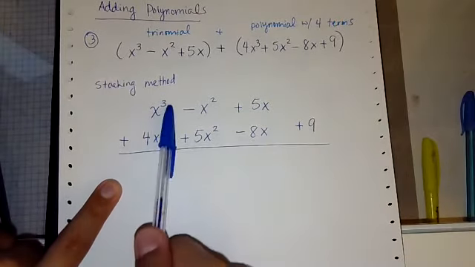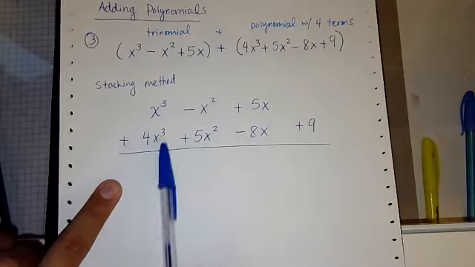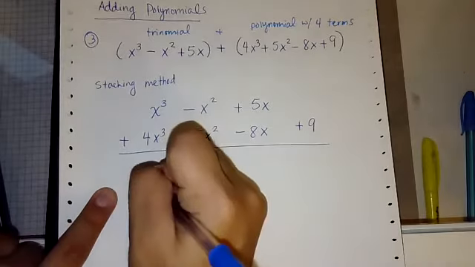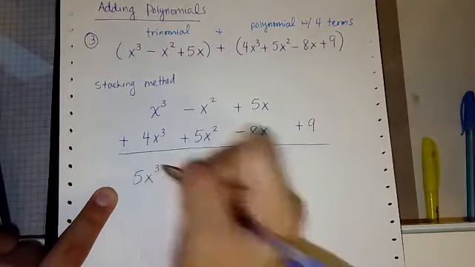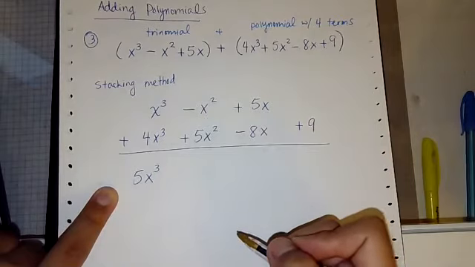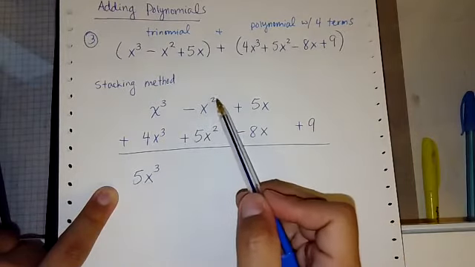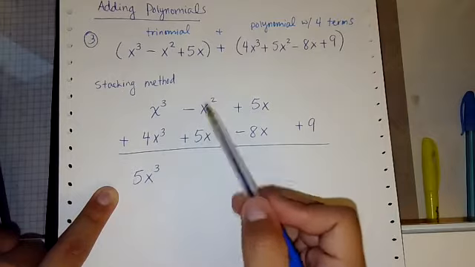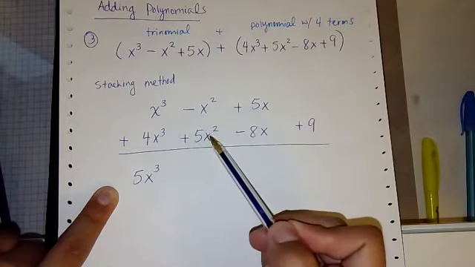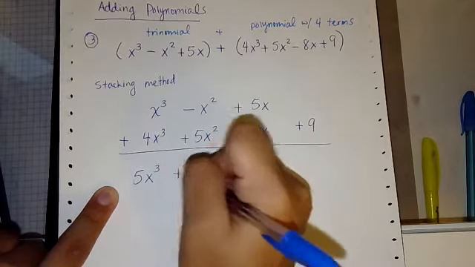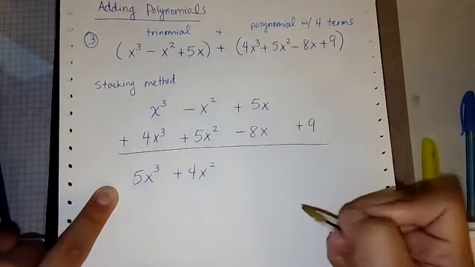So we can just say, okay, if I have one of these guys and then I add 4 of them, I should have 5 of these guys left over. And if I have -1 of these guys and add 5 of them, then I should have positive 4 x squared terms, right?